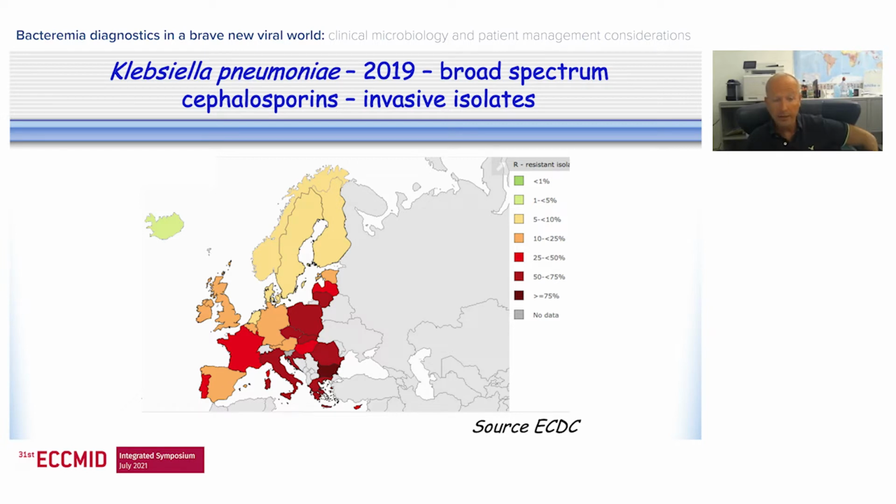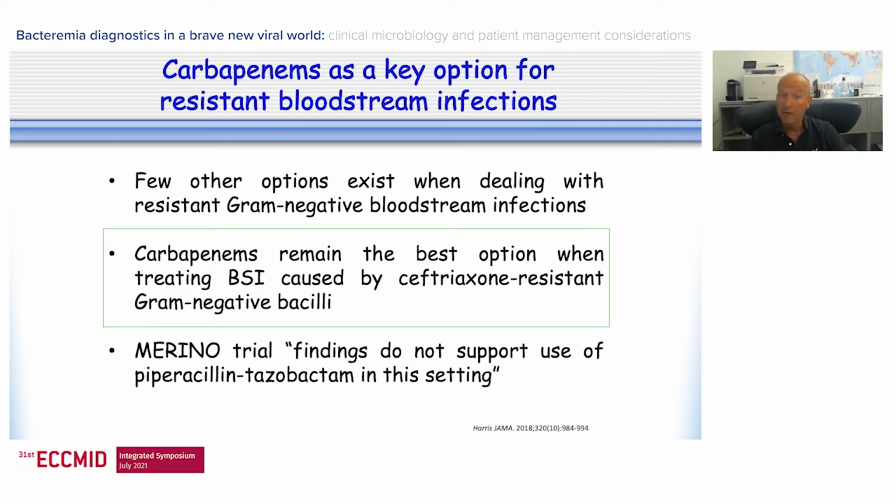In France and Portugal, you see very worrying threats because resistance is between 25 and 50%. That mirrors more or less what we observe with E. coli, but to a higher extent. So when you have such a high rate of resistance to broad-spectrum cephalosporins, you need to use carbapenems as a key option for bloodstream infections.